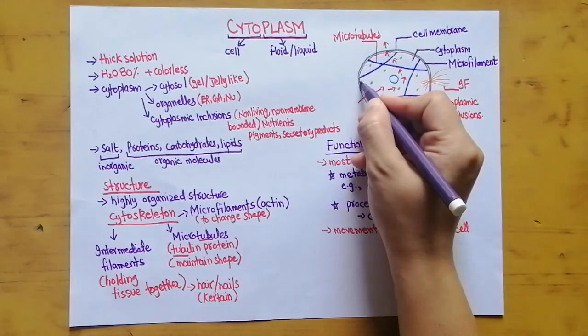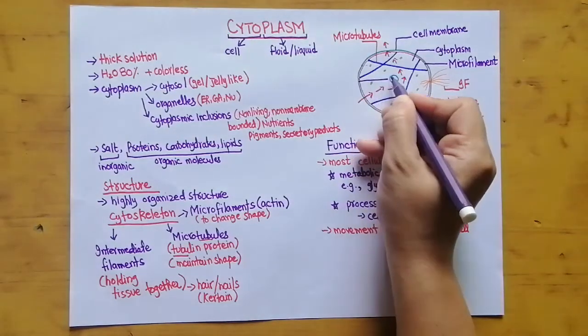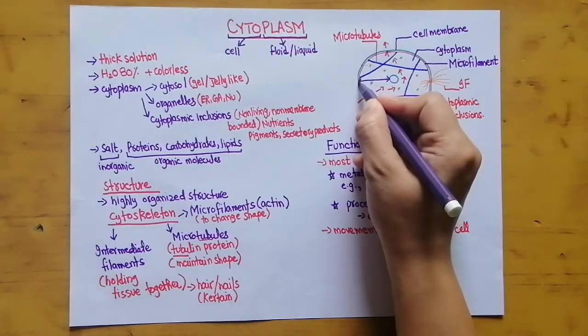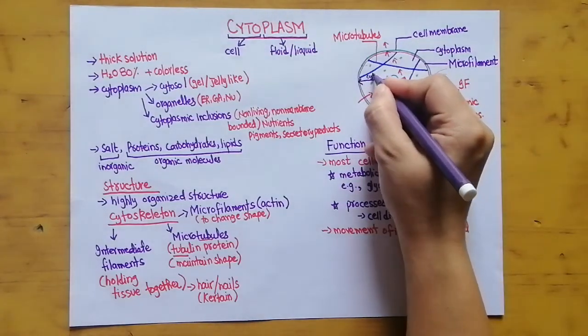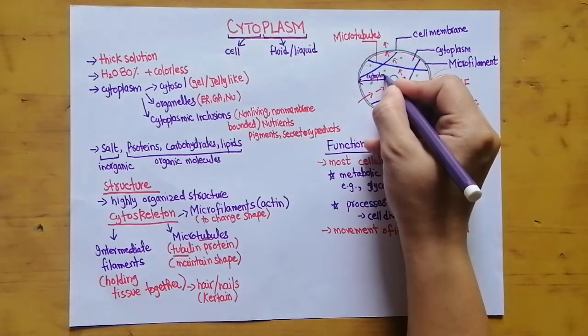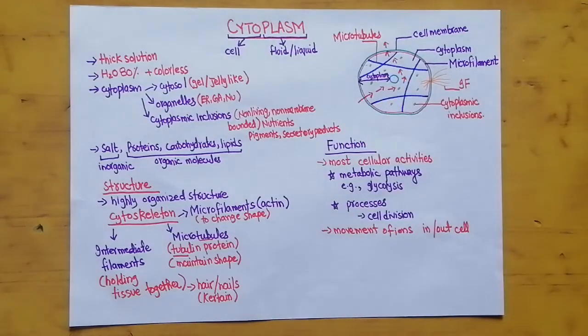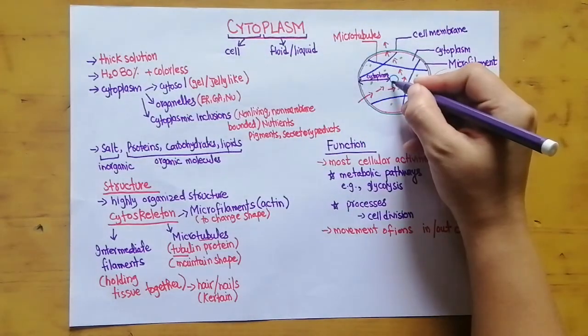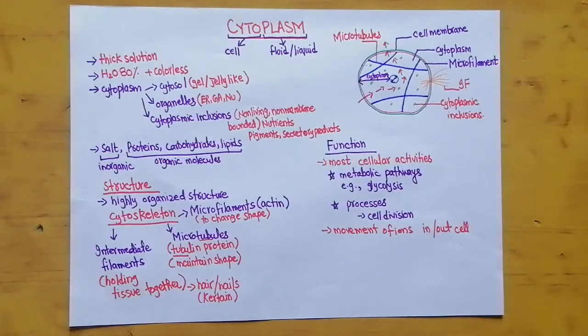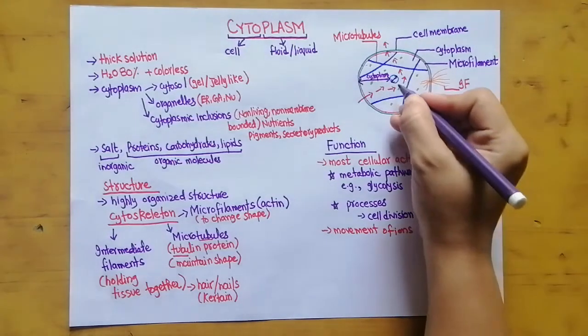As you can see, from the cell membrane to the nucleus, cytoplasm is present. The liquid material which is present inside the nucleus is known as nucleoplasm.